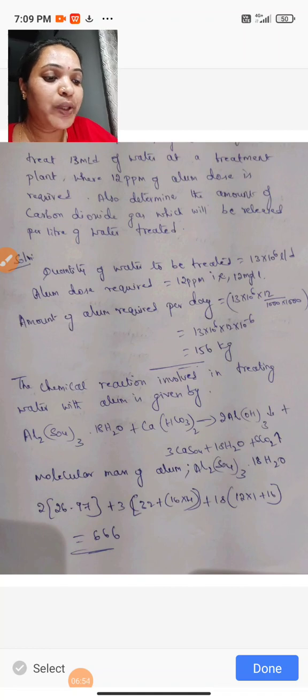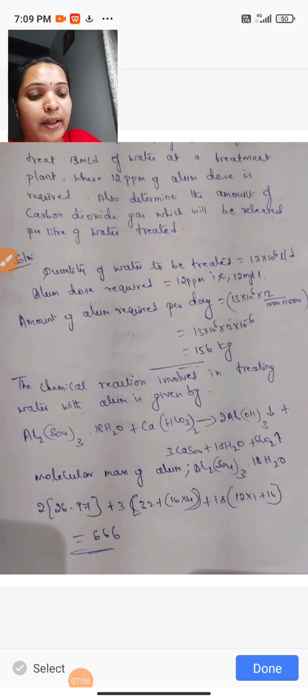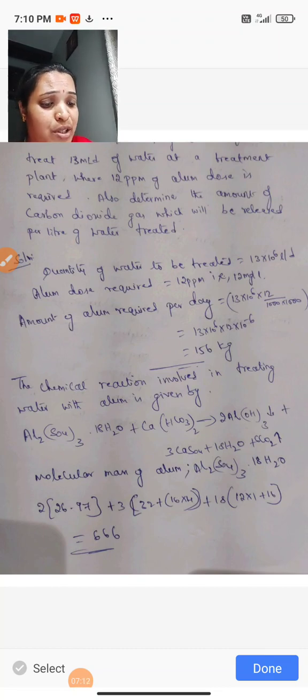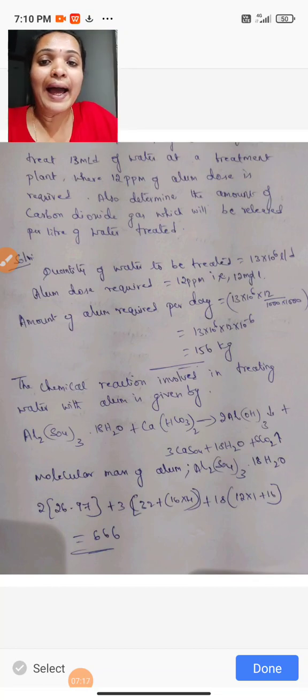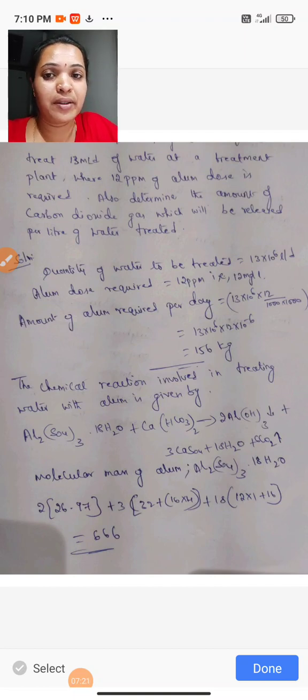When it reacts with calcium bicarbonate present in the water, Ca(HCO3)2, the reaction gives 2Al(OH)3 plus 3CaSO4, calcium sulfate, that is aluminium hydroxide plus calcium sulfate plus water plus carbon dioxide.